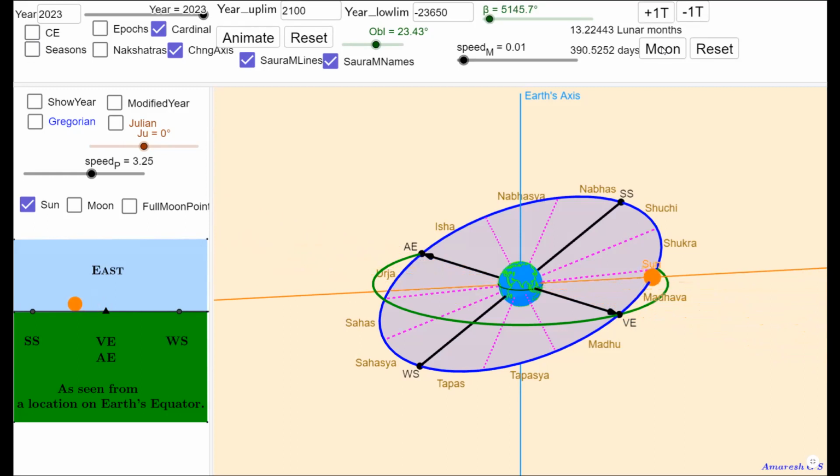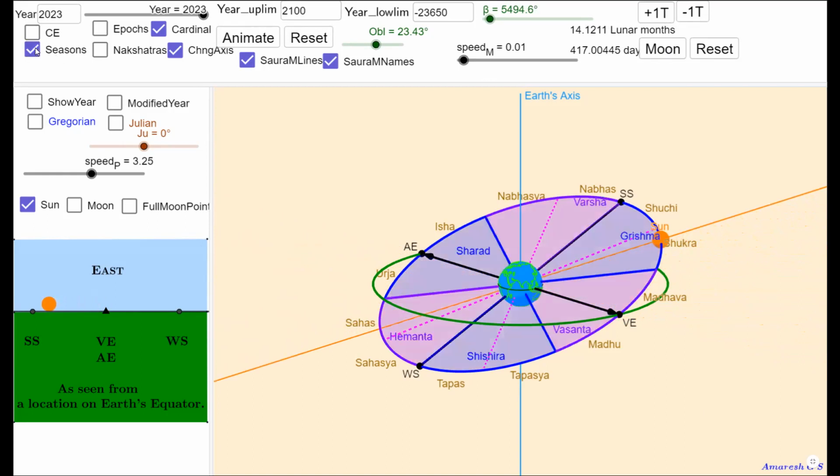The second month is the month Shukra. Now, what would help is if I also superimpose the seasons. The first month of the solar year is the second month of Vasanta season, and it's called Madhava. The first month of Grishma season is Shukra.